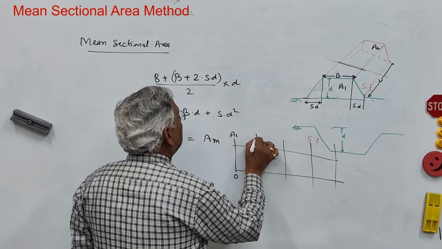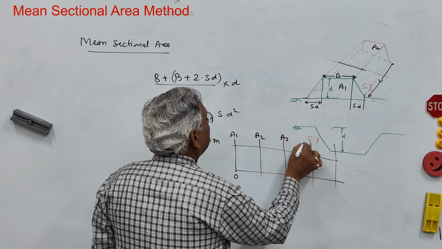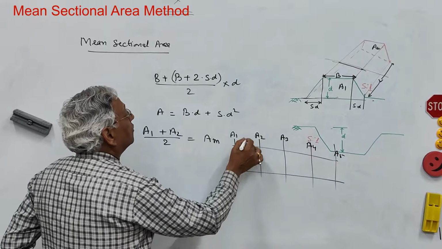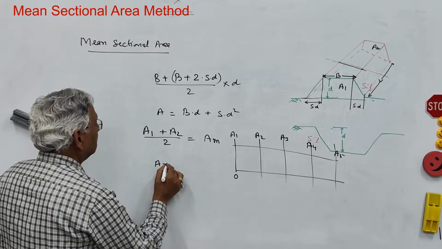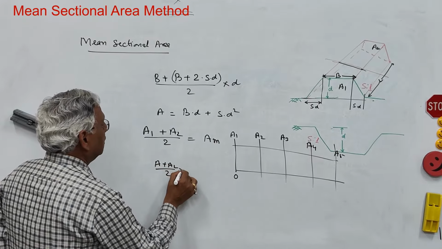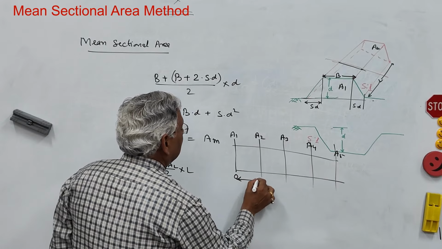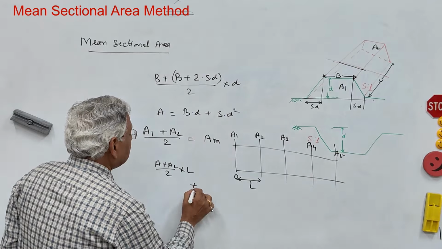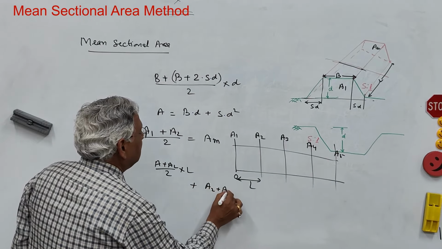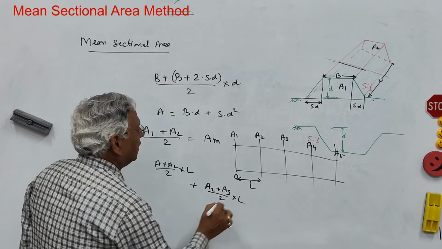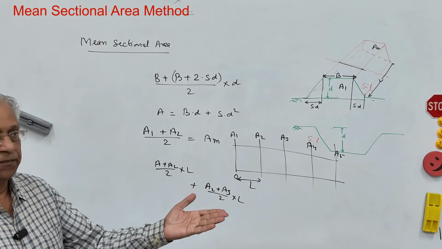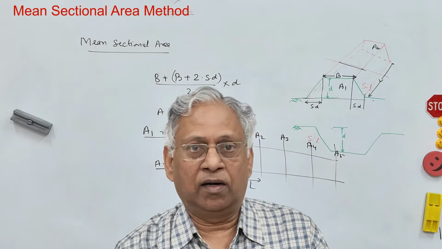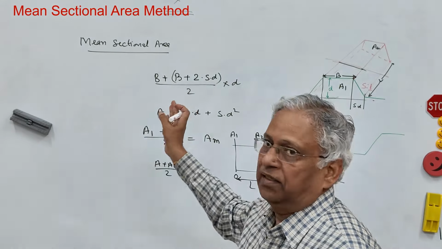You have area 1, area 2, area 3, area 4, area 5, and it goes on. So first (A1 plus A2) by 2 multiplied by chain length, which generally is 30 meter, plus (A2 plus A3) by 2 multiplied by again the chain length, and that continues. So this is how we determine the earthwork by mean sectional area.